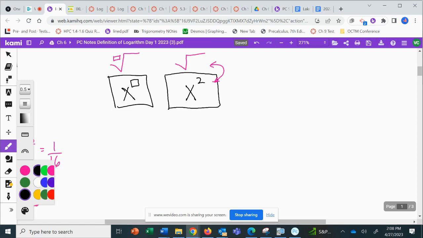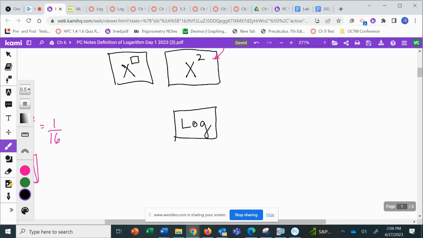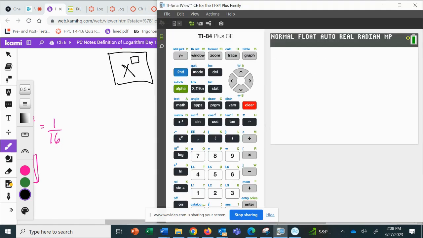So now I want you to find, in the first column, the button that says log. And near that, the button that says LN. There's my log button, and then there's my ln button on the graphing calculator. If you're using the red calculator, it's in a slightly different spot, but it is in the first column.